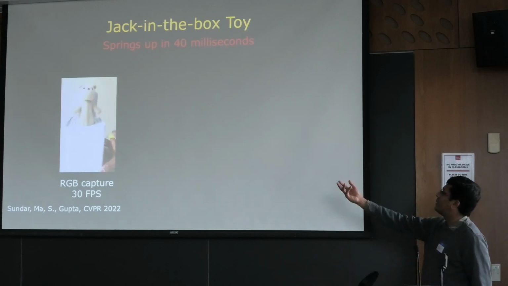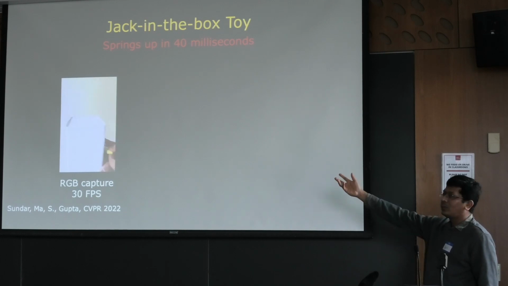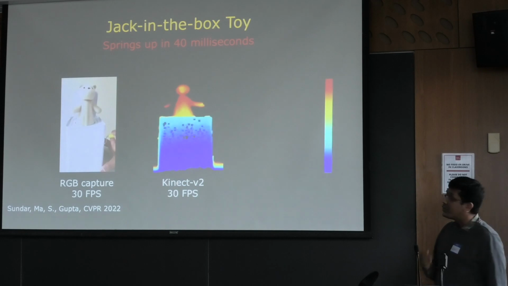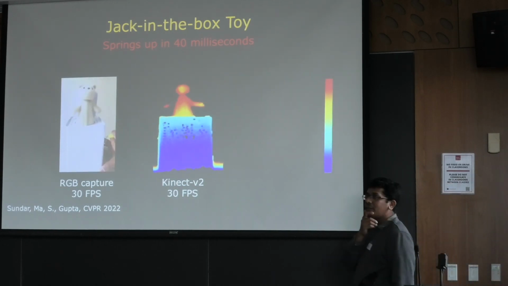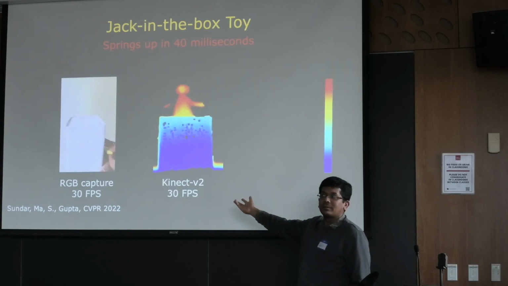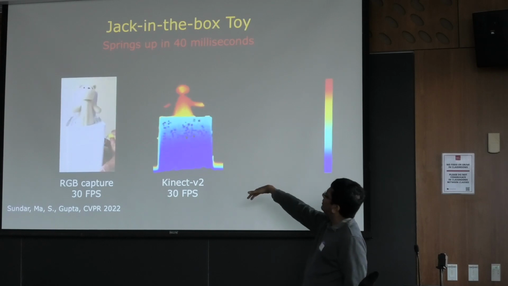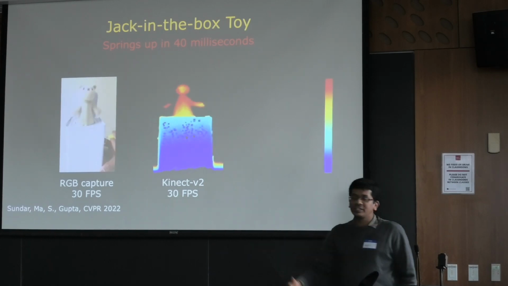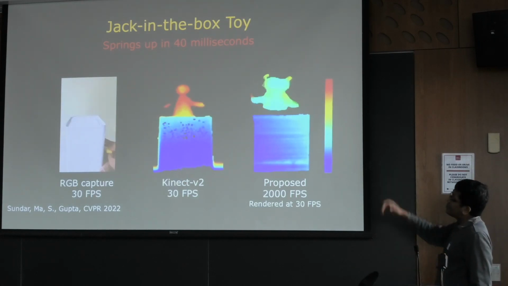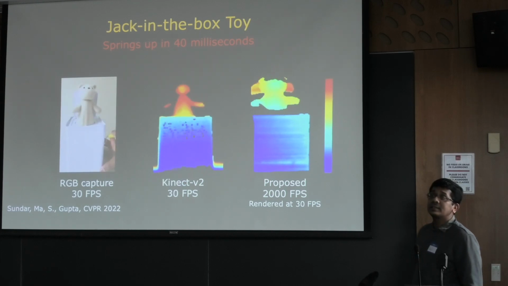You can barely notice, even for those of you who played with it, how quickly this thing goes from being inside to coming outside. If you use a traditional depth scanner, like Kinect V2, a time-of-flight sensor, this is what you see. It operates at human time scales, 30 FPS, and you again see the Jack inside the box and then Jack outside the box. But to capture the dynamics of what's happening, you need to build high-speed 3D scanners.